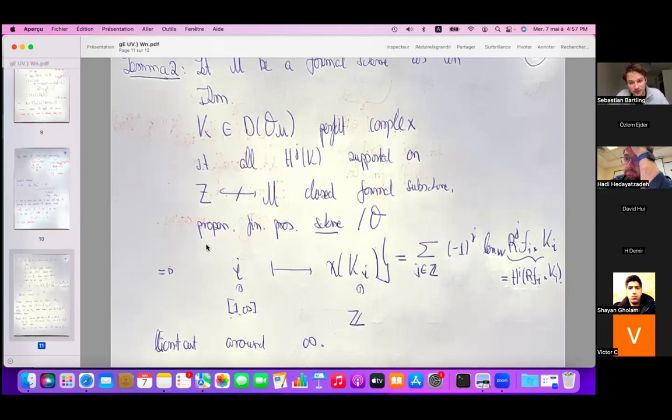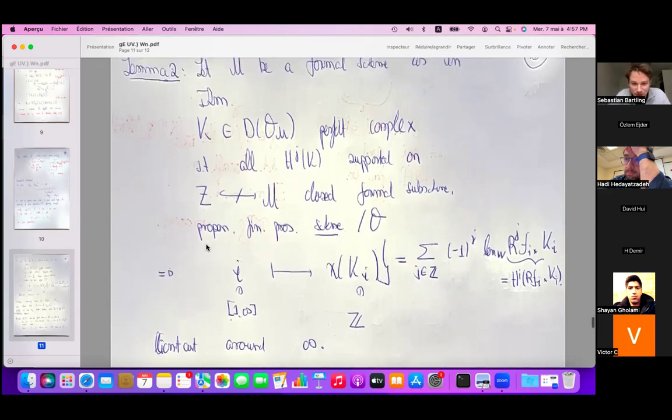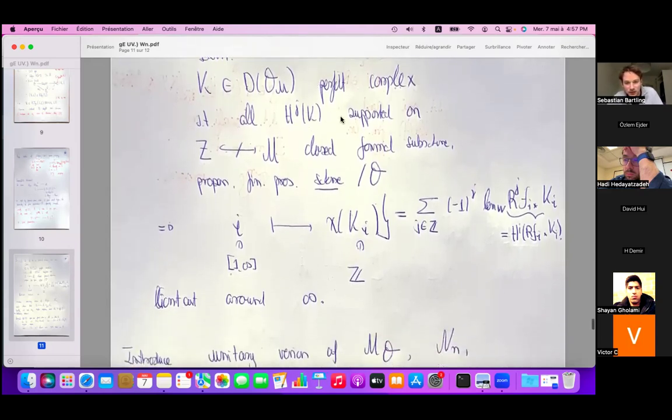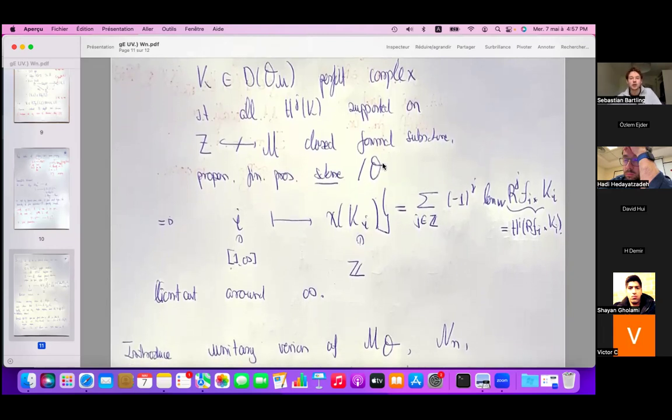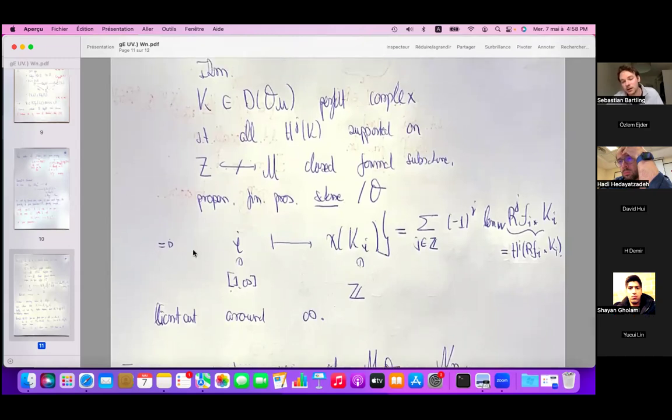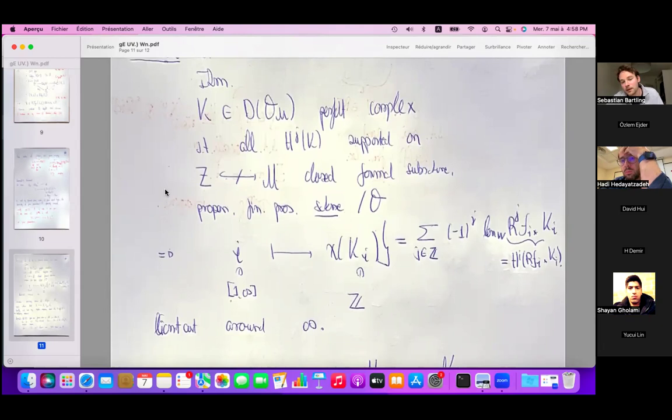The lemma says: if M is adic of finite ideal type and locally of finite presentation, and you have a perfect complex K such that all the cohomology groups are supported on a closed formal subscheme which is actually a proper finitely presented scheme over O, then I can look at the function that takes i and sends it to the Euler-Poincaré characteristic of K restricted to the fiber i, and we show this is constant around infinity.